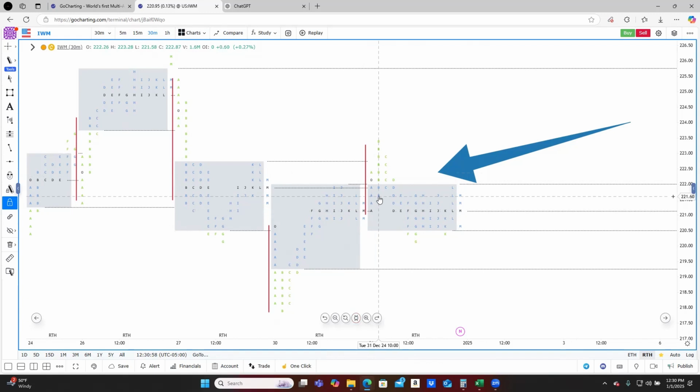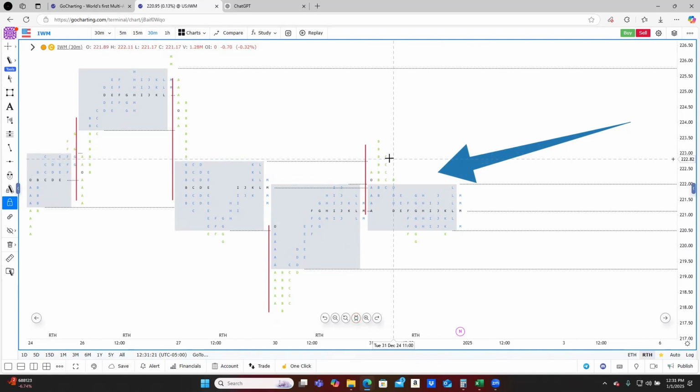B period opened at 221.60 and went all the way up to 223.38, as you can see. B period almost mocks a candle. Look at it as a 30-minute candle. Here's B period. C period is another candle.